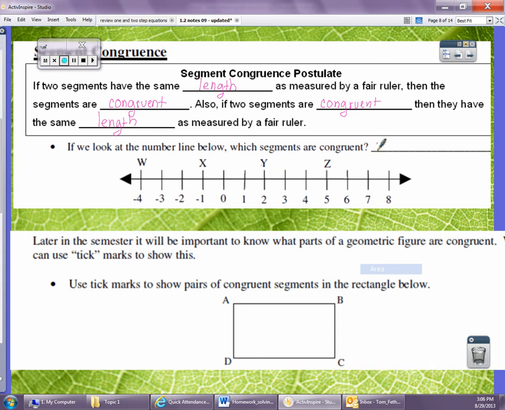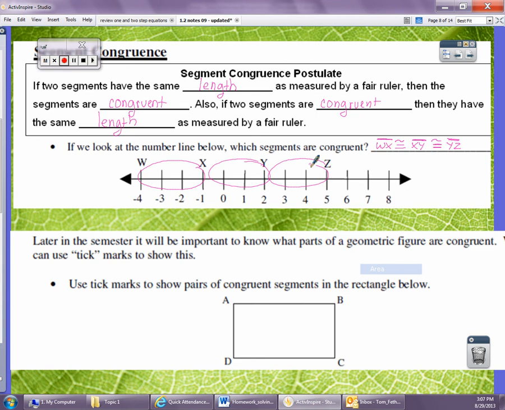So we can say that segment WX is congruent, and the congruent symbol is like an equal sign with a little wavy line over it, to XY. It's also congruent to YZ. They're all 3 units long, so each one of these is congruent.